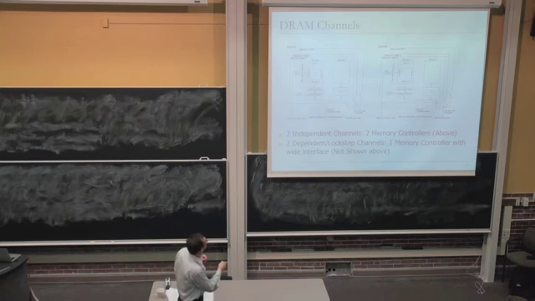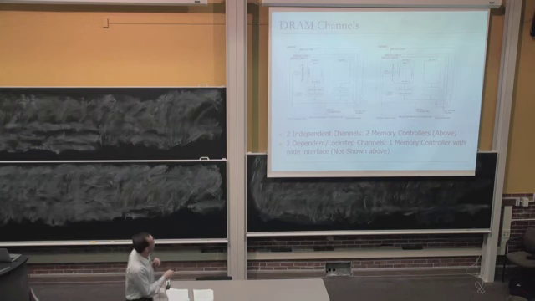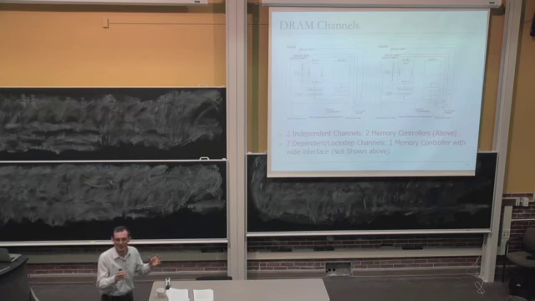Now, what does this buy you? It buys you more bandwidth, right? Of course, it comes at the cost of additional wires that need to go off your memory controllers. You could operate these channels independently, like here, or in a dependent way. Meaning you could think of this as widening the interface, right?